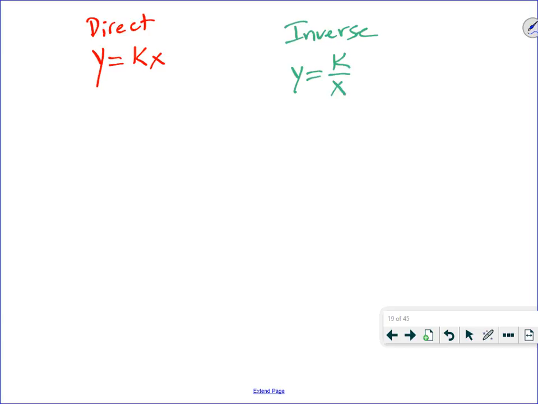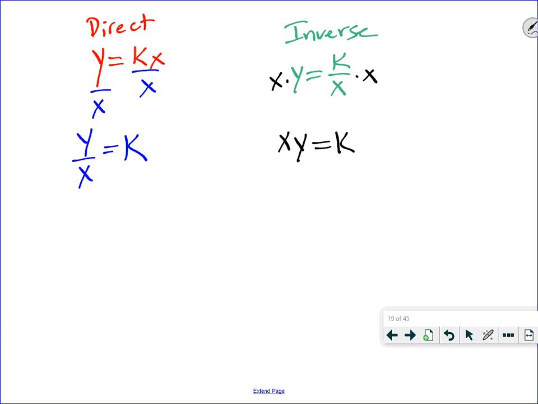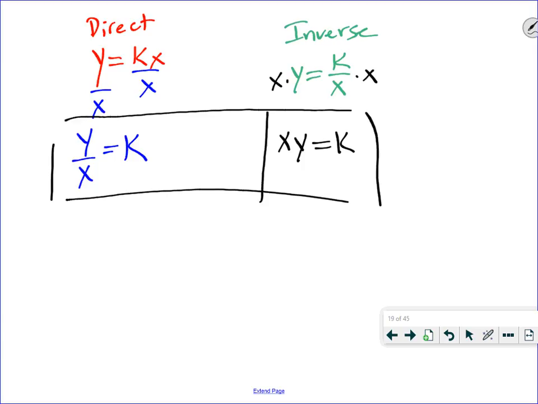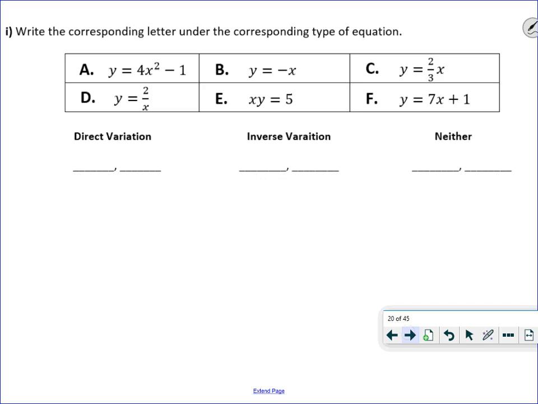But if I solve these for k, because it's a constant, it doesn't change, then in direct variation k equals y divided by x, and in inverse variation, x times y equals k. So this is really how you want to go about this type of problem when you're looking at a table of values.